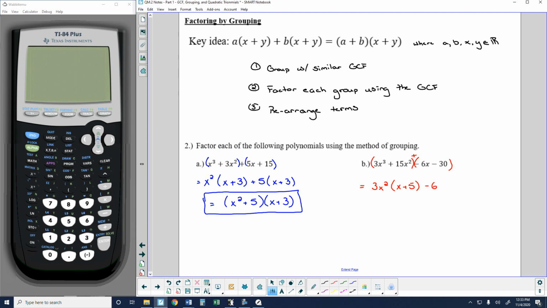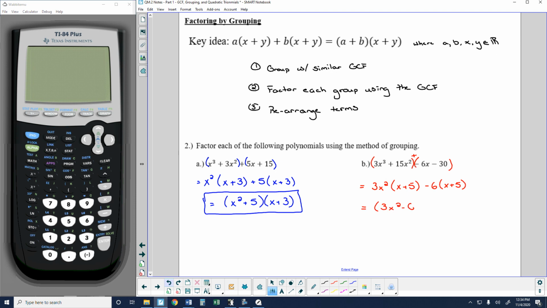Notice they both have negatives, so I'm going to factor out that negative value. That would leave me with x plus 5. Now, the key thing is we're looking inside those parentheses. Because each of those binomials are the same, I can combine their coefficients as a factor.